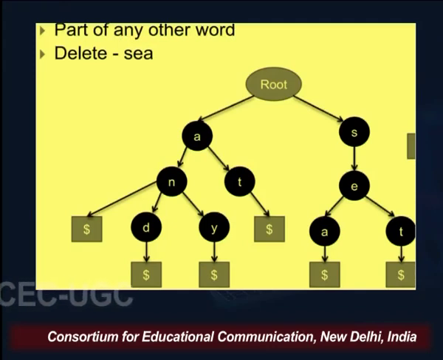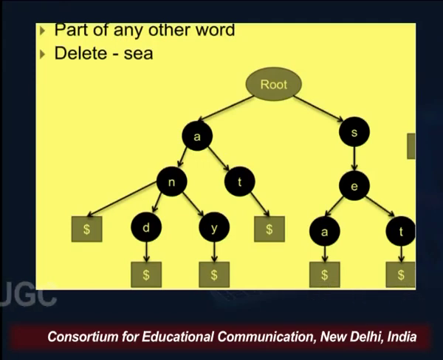Here we can see the branch which is holding C and set, and if we want to delete C, we will just be deleting this A followed by the termination symbol, and we will not be deleting the common part, that is S and E. S and E will not be deleted, but only the part where the branching occurs, that is A and the termination symbol, will be deleted if we want to delete C.